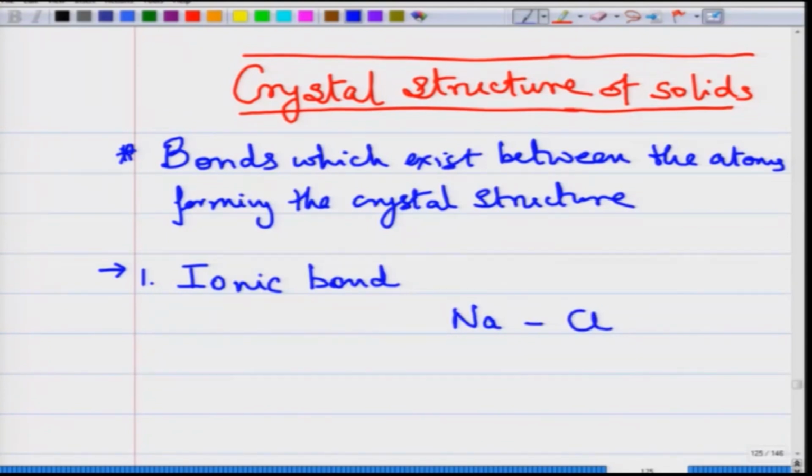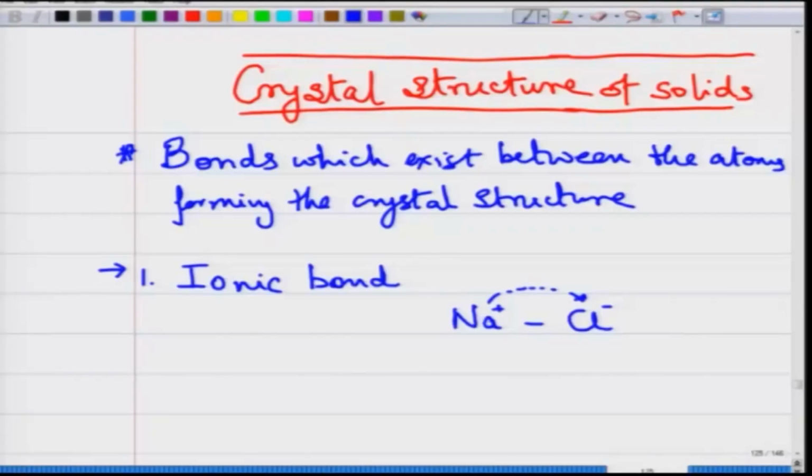Here what happens is that you have a sodium atom from which one electron is given out, which is accepted by chlorine. So, sodium forms a positive ion, chlorine forms a negative ion, they get attracted to each other, and there is a periodic arrangement of these sodium chloride molecules across the system.